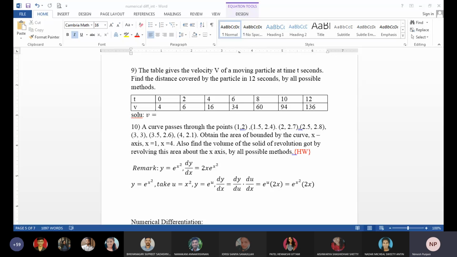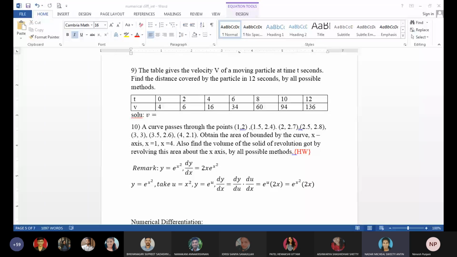Tell me, like Sweetie was also telling, Supreet was also telling, velocity is displacement upon time. Are displacement and distance the same or different? Sir, displacement is the shortest.